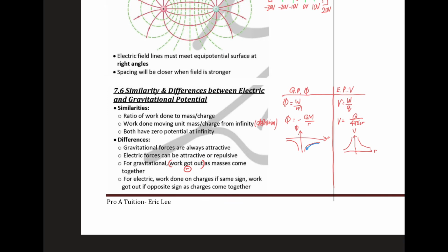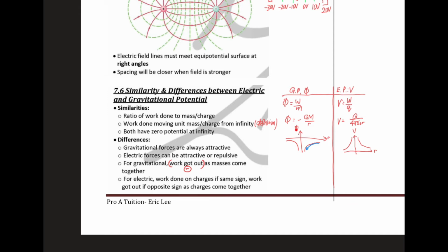Follow the blue arrow that I put over there. You can see the r is decreasing when you put the masses together. And when the masses come together, the gravitational potential is getting more and more negative.